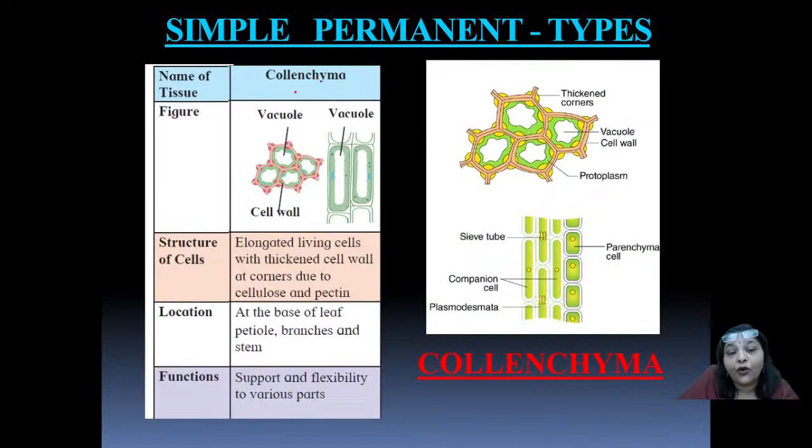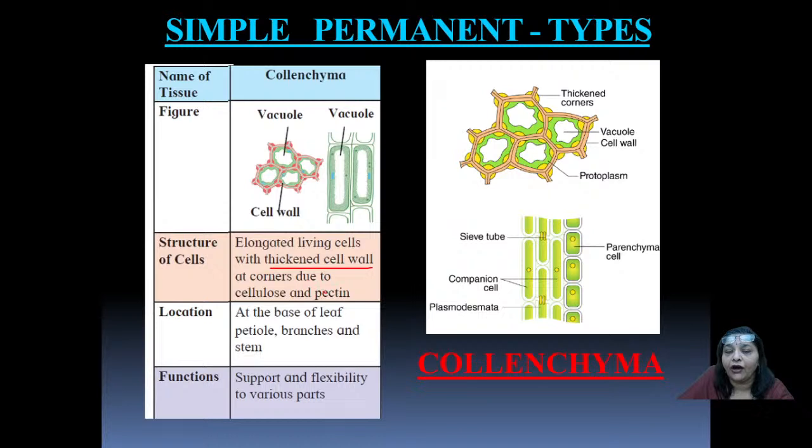Let us talk about the Collenchyma tissue. Now, the collenchyma tissues are slightly differentiated parenchyma tissues. What kind of differentiation? Actually, the cells are living cells. Of course, they contain nucleus and cytoplasm covered with the cell wall. They are mostly elongated living cells with a thickened cell wall.